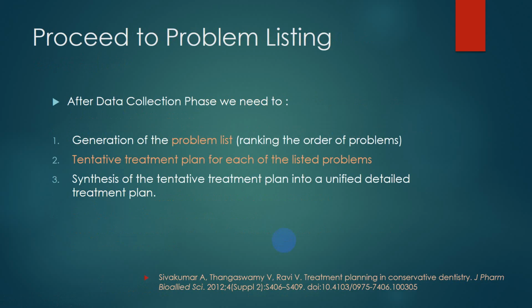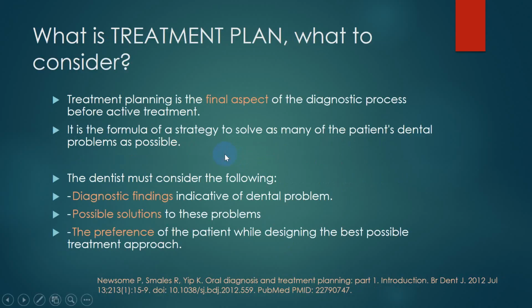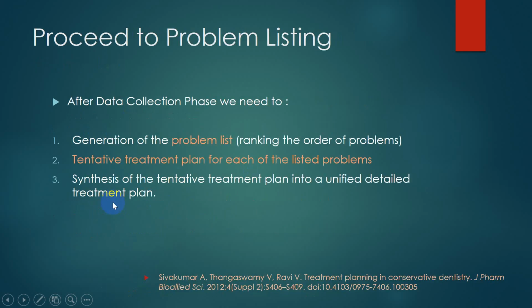Now, after we finished the data collection, we should arrive at the diagnostic findings. Okay, the diagnostic findings can be referred to as the problem list. A list of the problems, and we can put them in order or in a certain sequence.